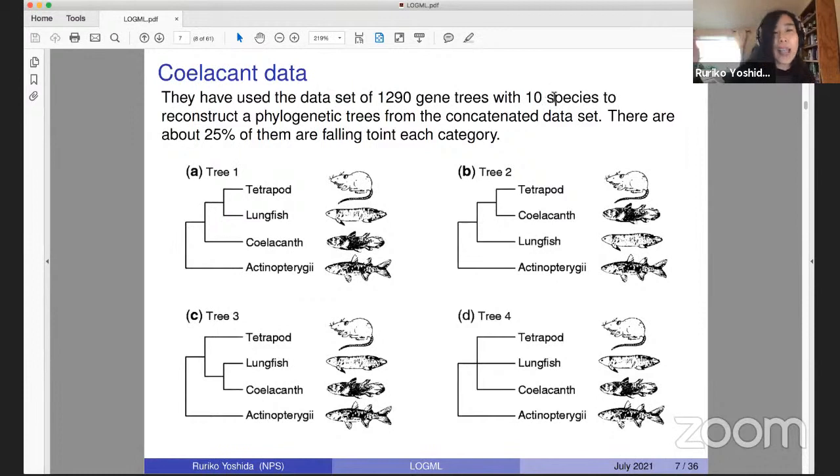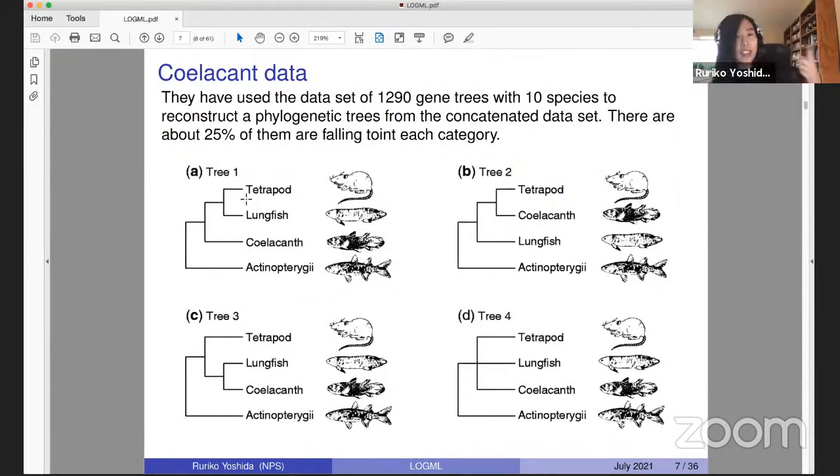We want to do some statistical analysis, but in the original paper this data set comes from, the authors did a quick statistical analysis, comparing the tree shape, the tree topology, and how they look.